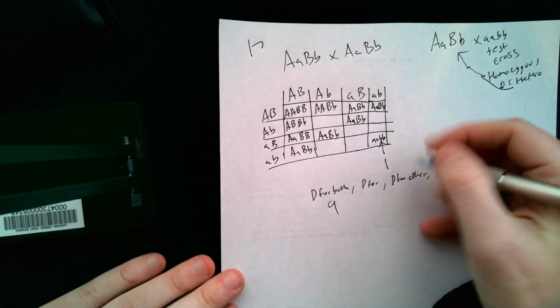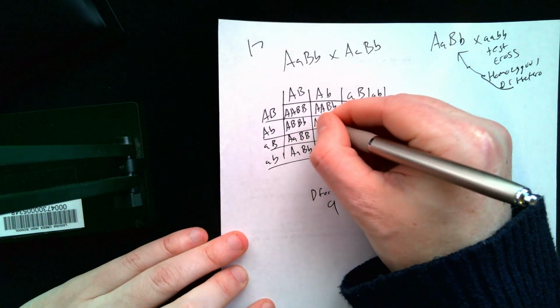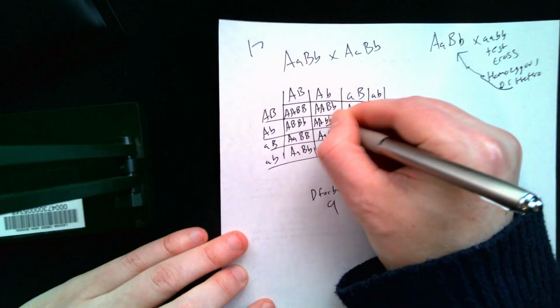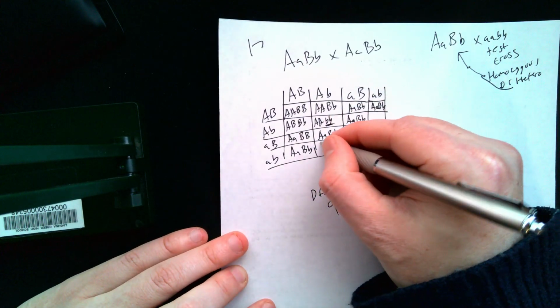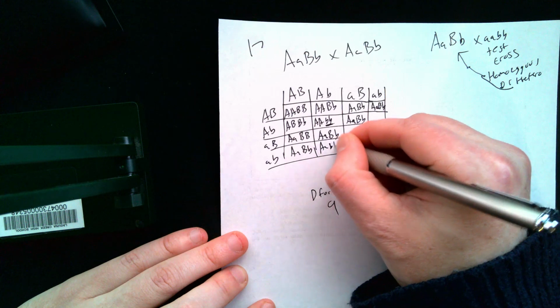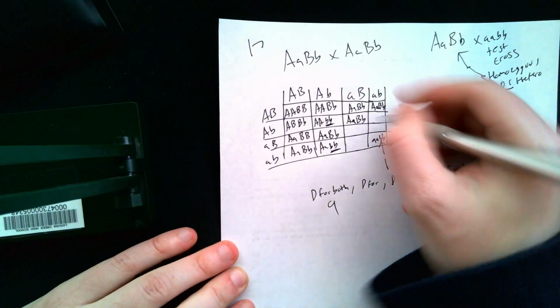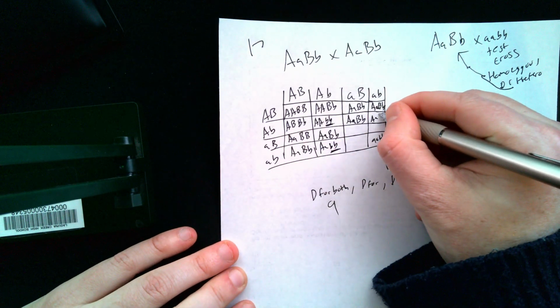And then we have 6 boxes left, and what we can see is we have big A, little b, so it's recessive for this one. Big A, little b. This one is also recessive for the b's, and so is this one.